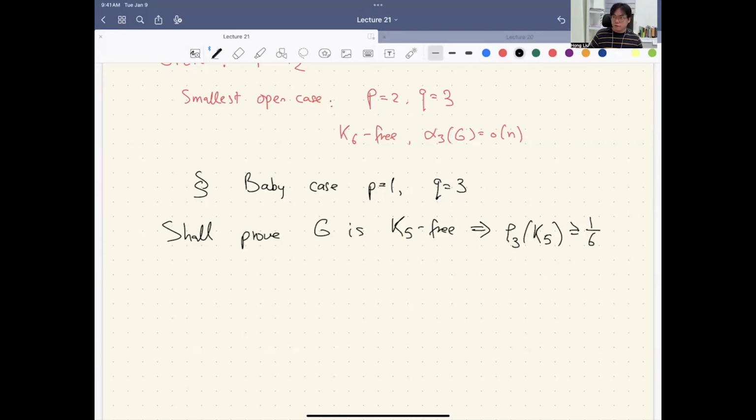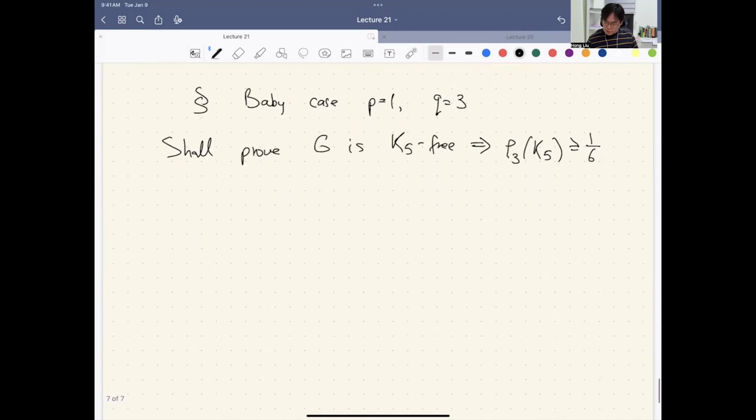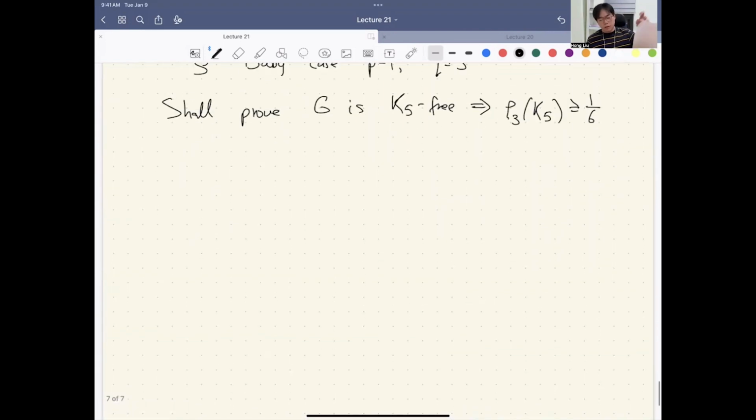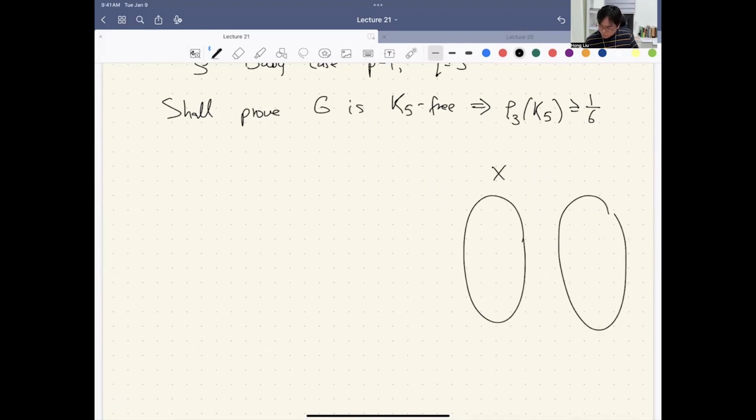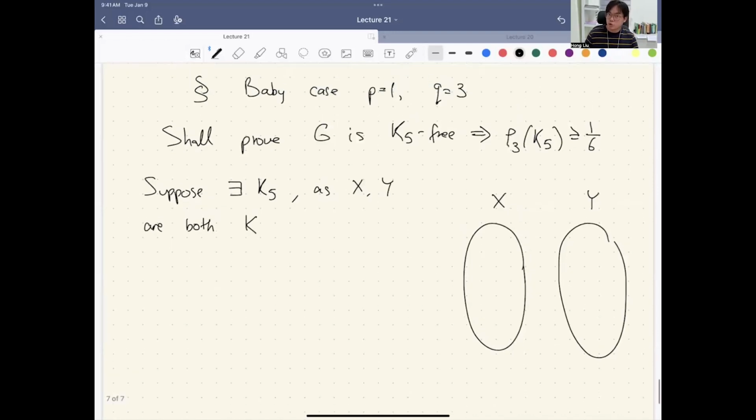Suppose there's a K5. If there's a K5, how can the K5 appear? We have X, we have Y. X and Y are both K_{Q+1}-free, remember? And Q is 3, so it's K4-free. Each one of them is K4-free. So this copy of K5 must have 3 vertices on one side and 2 vertices on the other side.